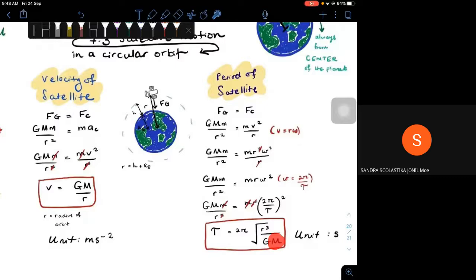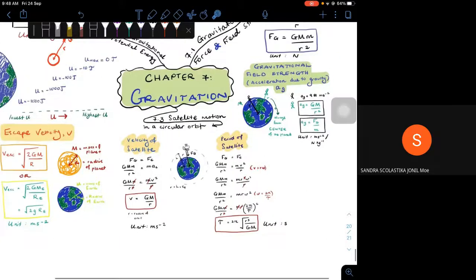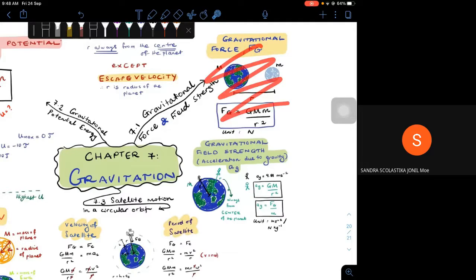Tak ada langsung effect dia. Kamu letak 1000 ke 4500 kilogram objek pun, it doesn't affect the period and velocity. Dia hanya bergantung pada mass of the planet dengan distance from the center of the planet. Apa tadi yang from the center of the planet? Ini bukan antara dua couple.